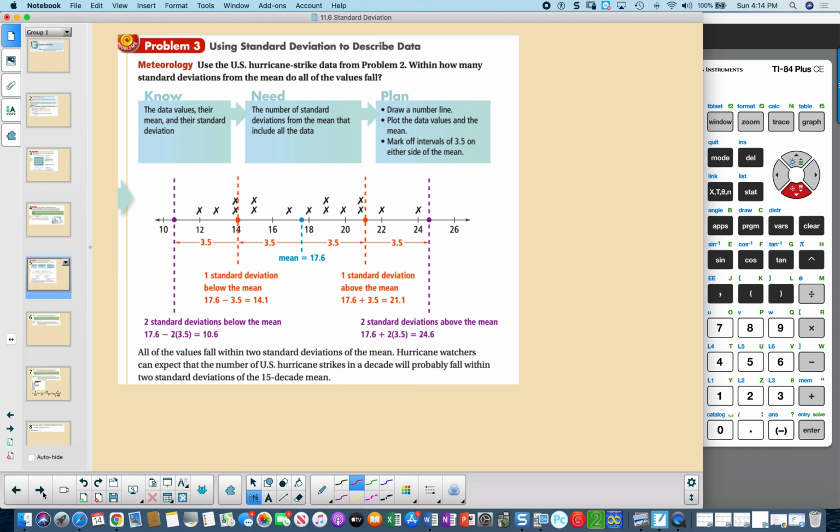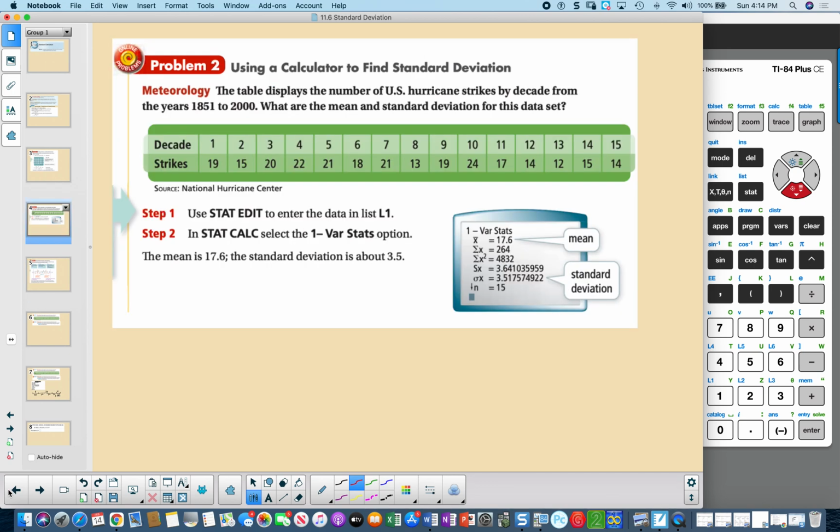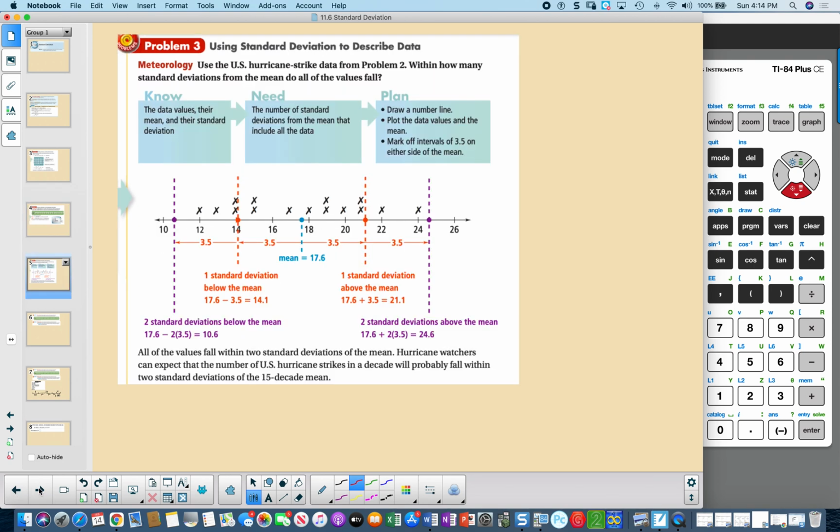Okay, now let's take a look at the standard deviation from this set. Let me go back. So this was a set of hurricane strikes by decade from the years 1851 to 2000. And so now we know that the mean for hurricane strikes is about 17.6, and the standard deviation is 3.5.